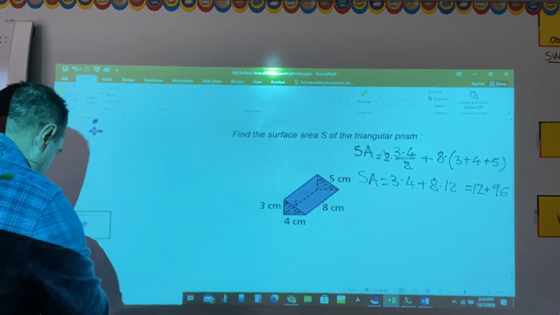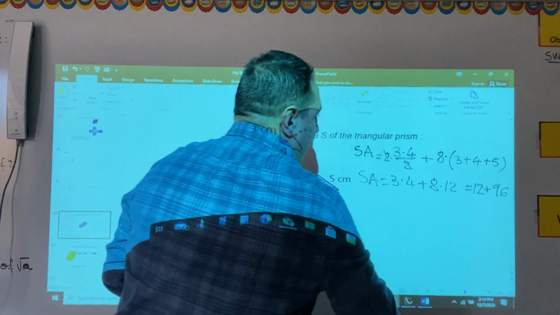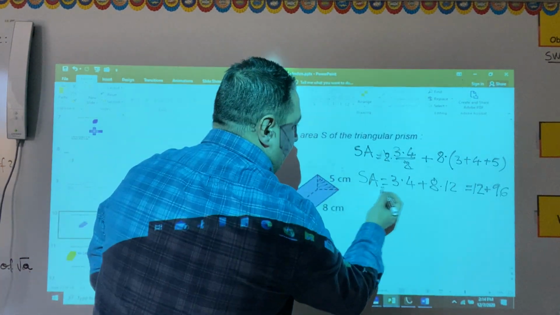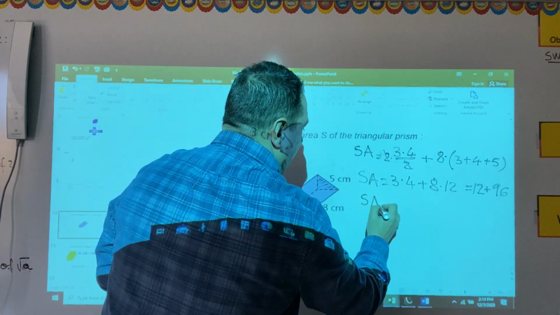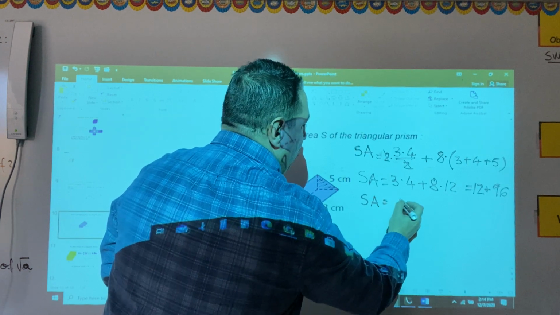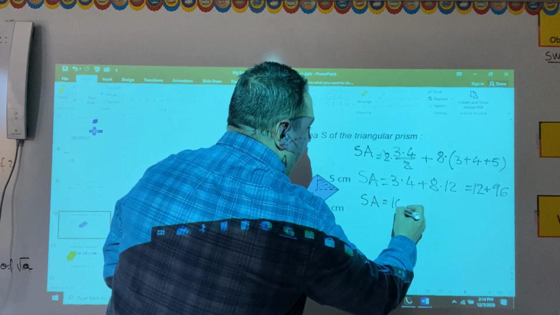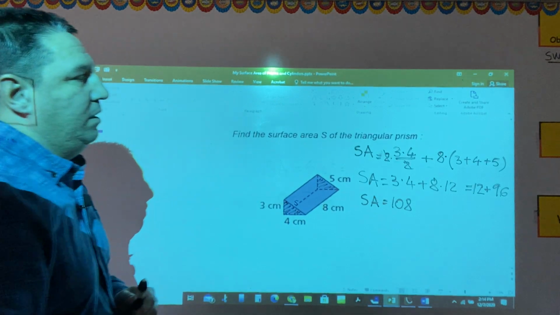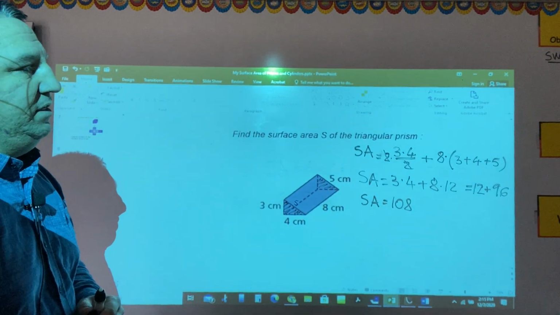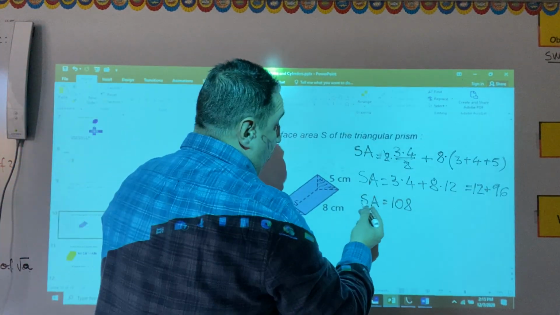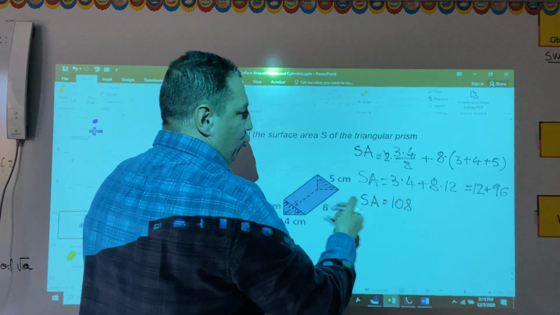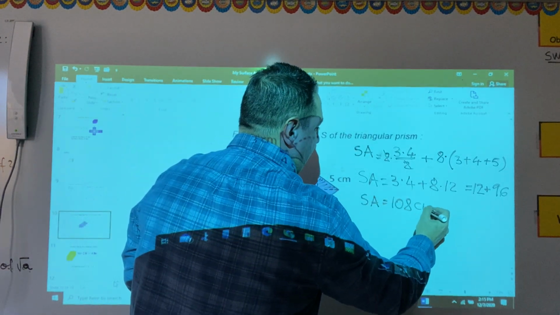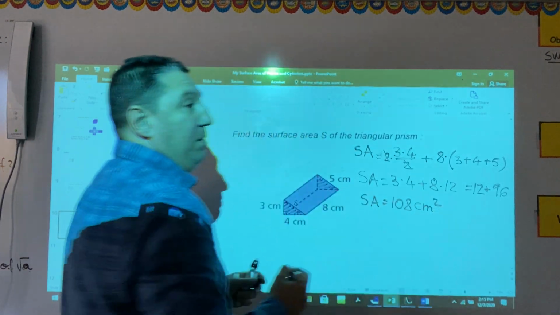Now, after adding these numbers, we get surface area would be 108. We have to mention the units would be square centimeters.